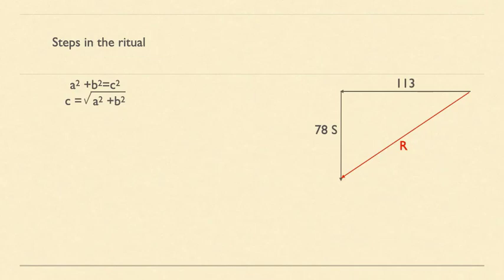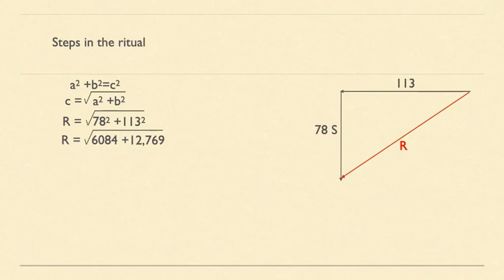Then we can substitute our data in. 78 paces south will be a, 113 paces west will be b. So when we put those in, the expression now becomes the resultant is equal to the square root of 78 squared plus 113 squared. So if we then square 78 and 113, 78 squared is 6,084, 113 squared is 12,769.